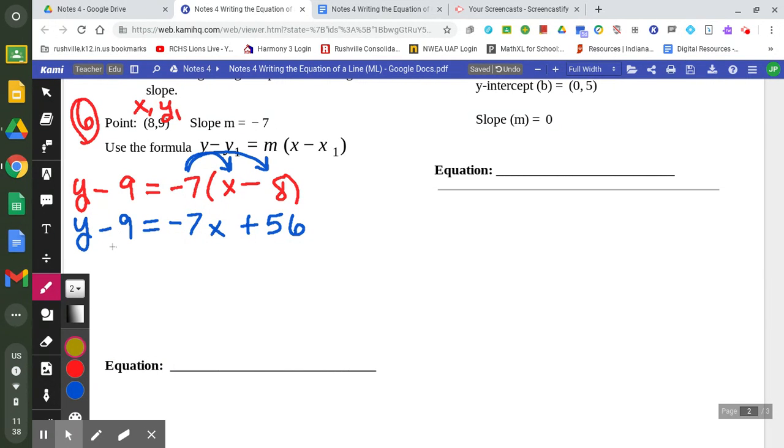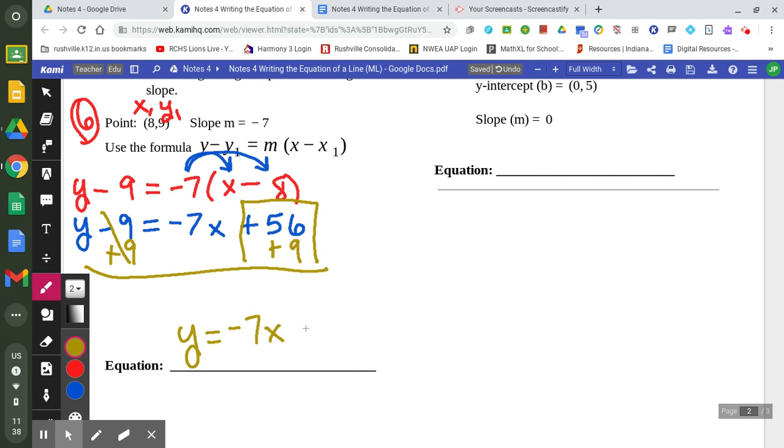So I'm going to add 9 to both sides of the equal sign. So my equation will be y equals negative 7x, and I need to add together my 56 and 9 to get plus 65.